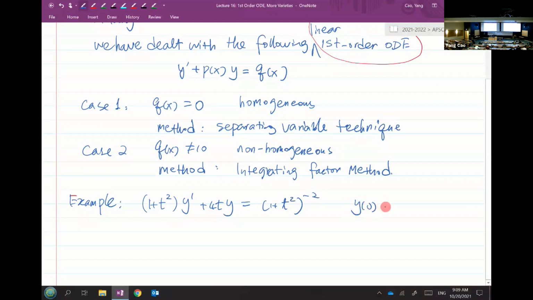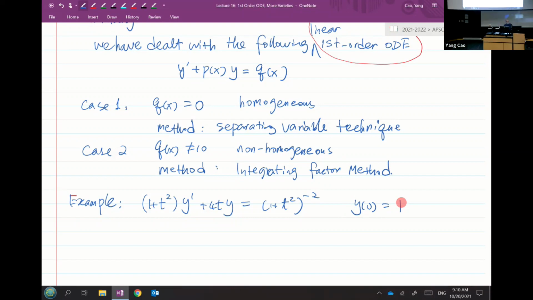On top of that, we're also given an initial condition, y of 0 equal to 1. So when you look at this question, your objective is to solve it. So the first step, that's the more you learn, right?